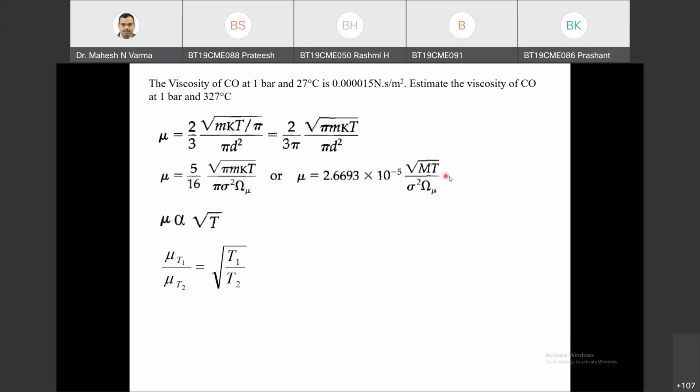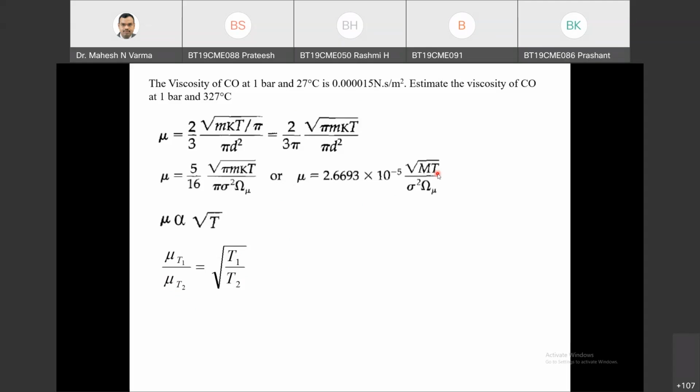So moreover, this temperature is in Kelvin. Okay, that you need to remember. So convert that temperature in Kelvin and then get the value. Viscosity at temperature T2, so what is the viscosity? Yeah, roll number 91.